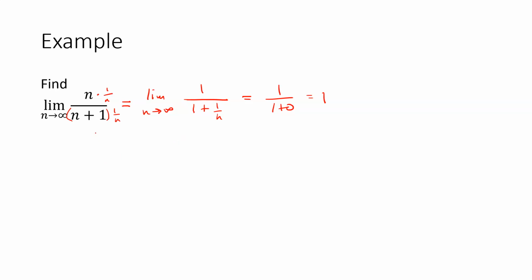Okay. Another thing we should point out is that if the functions in the top and the bottom are differentiable, and it's in one of these indeterminate forms, 0 over 0 or infinity over infinity, L'Hopital's rule would also apply. So here you might notice that actually L'Hopital's rule applies here.